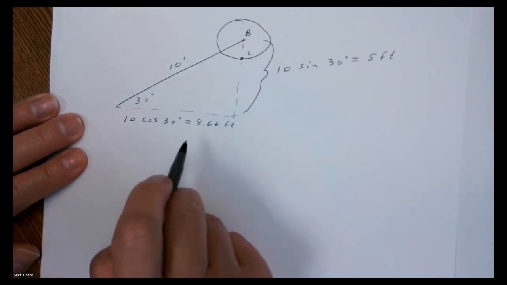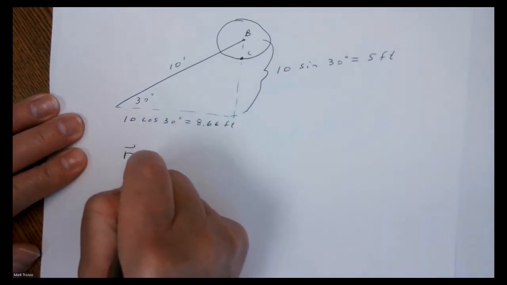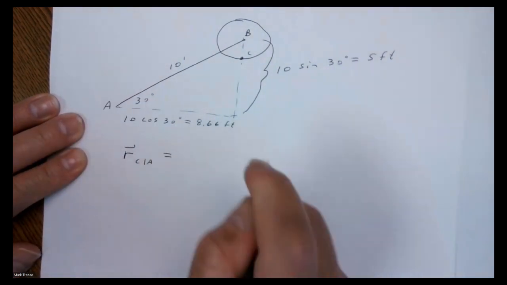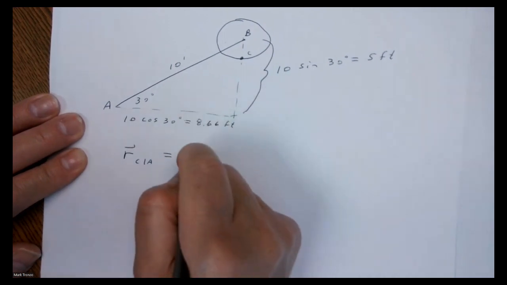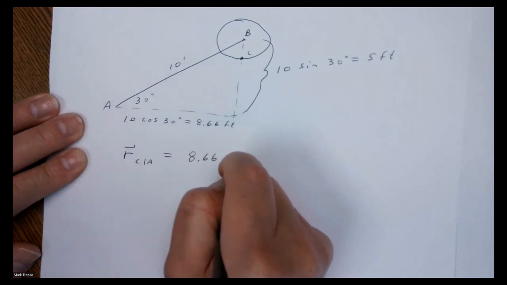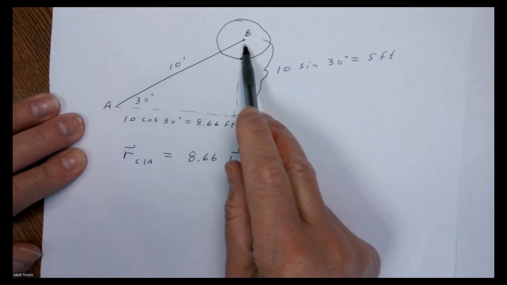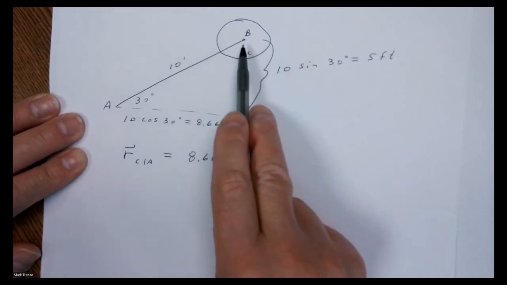So if we want to go RC with respect to A, again, A is over here, we need to go 8.66 in the I direction. But now we're not going to B, we're going to C. So we're not going to go up 5 feet.